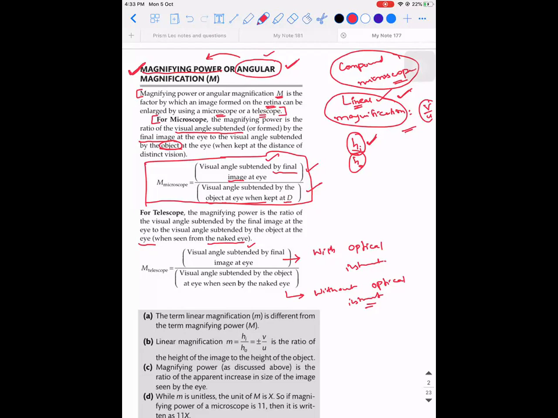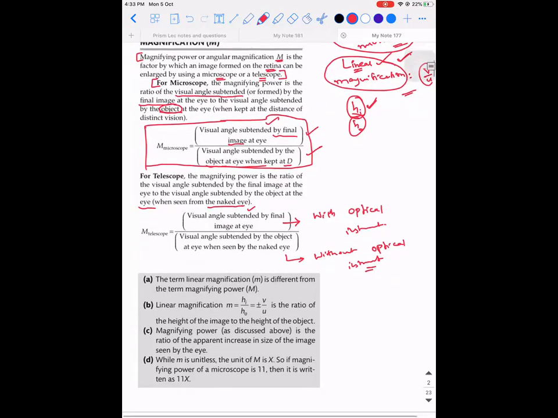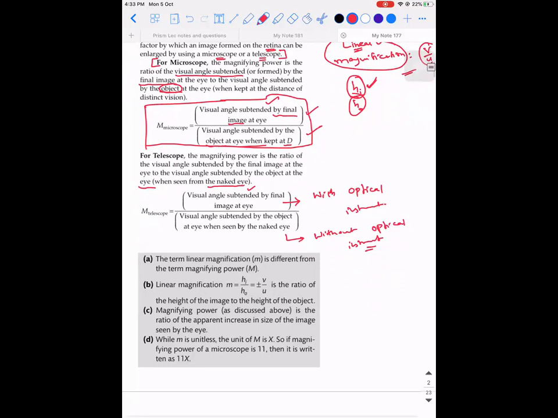Is there any doubt? No. Okay. So this is all about the magnifying power or angular magnification.